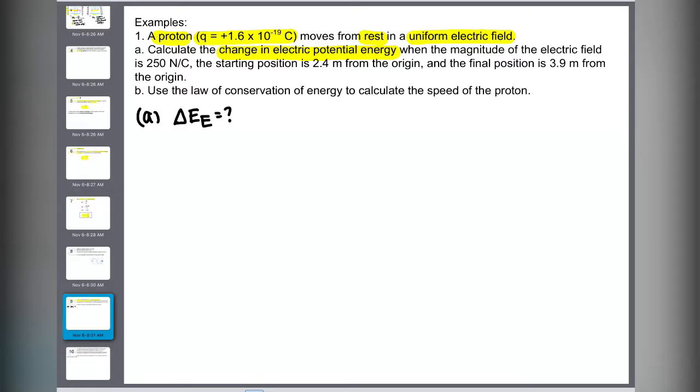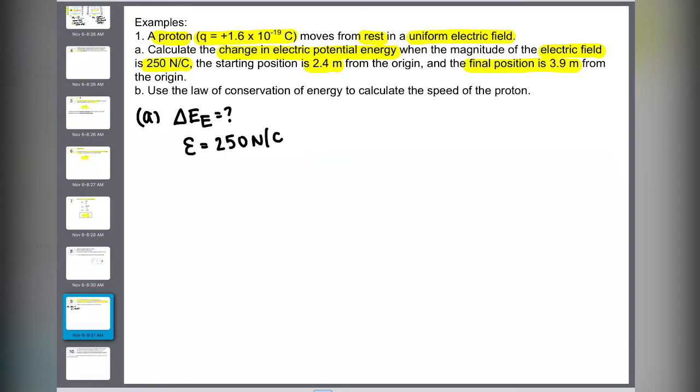That's a symbol. And what they gave you is the magnitude of the electric field, 250 Newtons per coulomb. The starting position is 2.4 meters from the origin, and the final position is 3.9 from the origin.